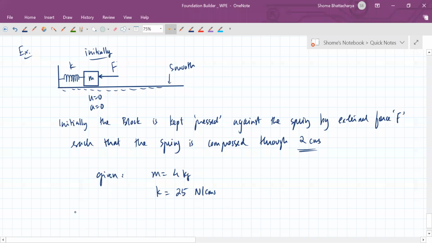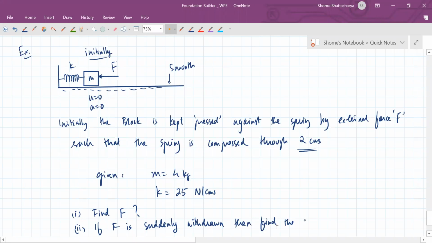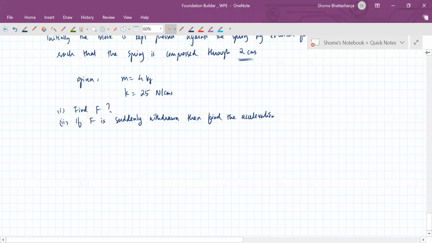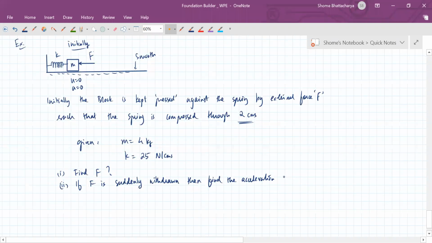First of all, find F. Secondly, if F is suddenly withdrawn, then find the acceleration of the block the moment the force is withdrawn. At the moment when the force is withdrawn, how much will be the acceleration of the block? Just withdrawn.